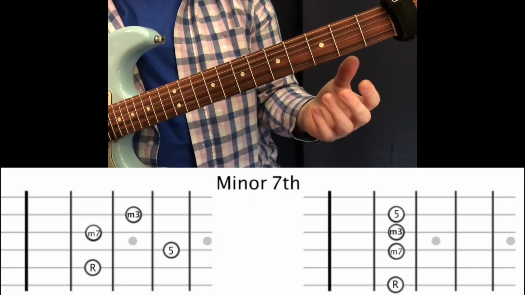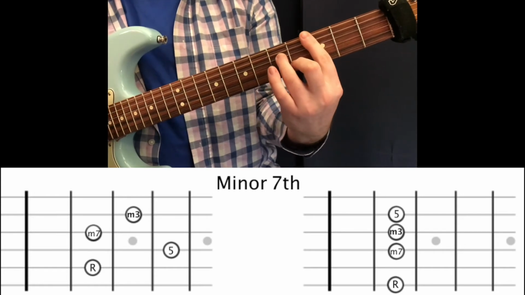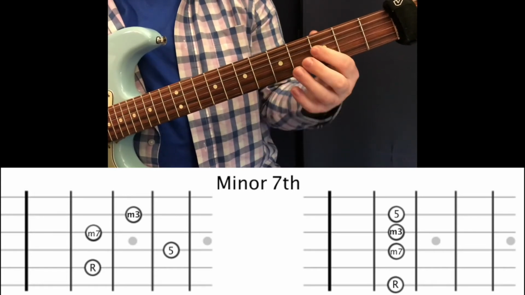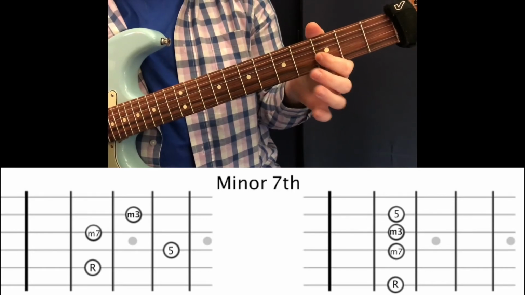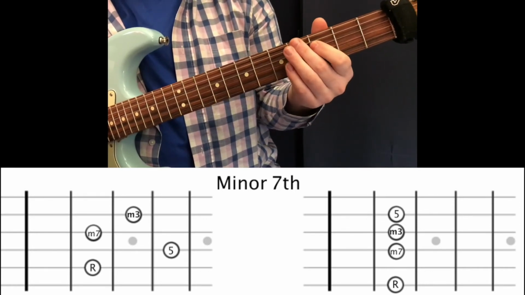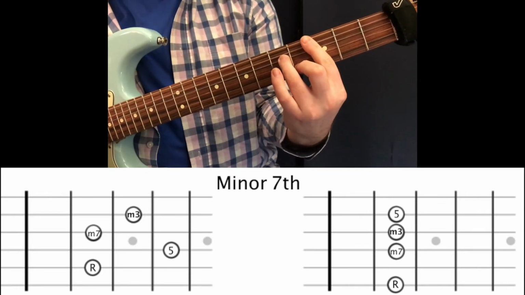Now, our last chord voicing we're going to talk about is the minor 7th. So that's a minor triad with a minor 7th. So we keep the same 7th as we did for the dominant chord, the B flat and the F natural. But now we have the E flat for the C minor.